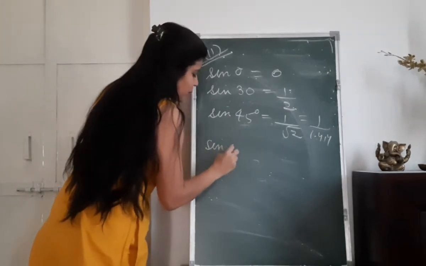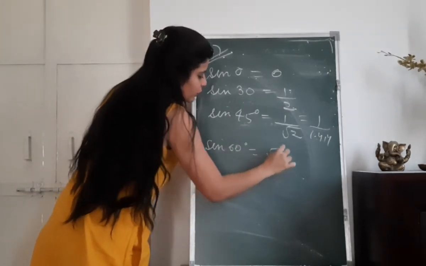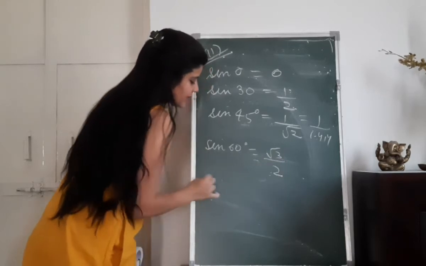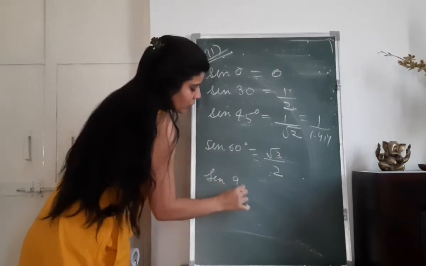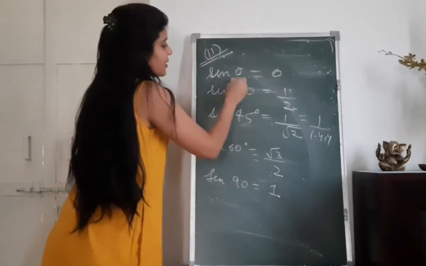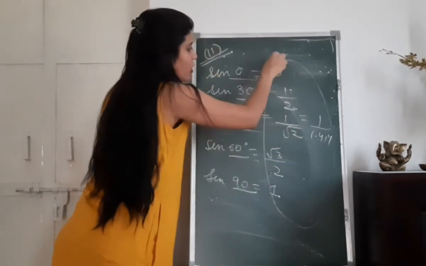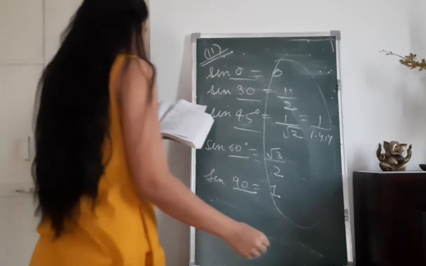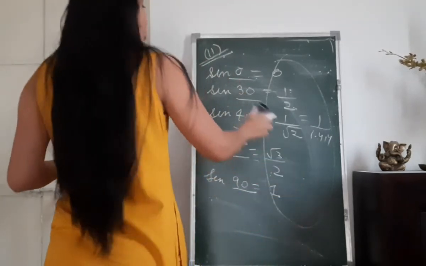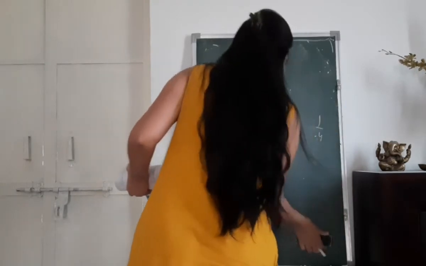Sine 60 is equal to root 3 by 2, and sine 90 is equal to 1. Are the values increasing as the value of theta increases? Yes. Therefore, this statement is true: the value of sine theta increases when the value of theta increases.